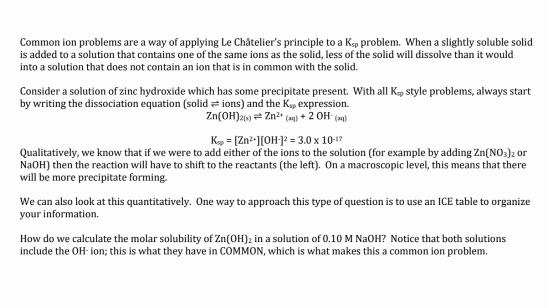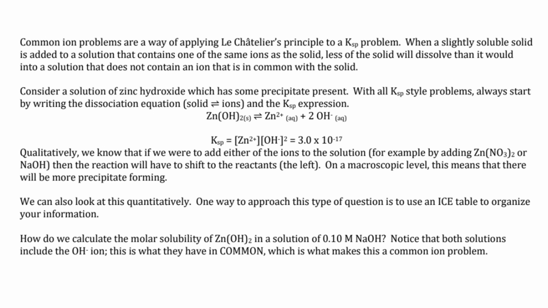So we have zinc hydroxide, which has some precipitate present. When you have a KSP type of problem, it's always best to start off by writing out your dissociation equation. You start off with a solid producing the ions, but you have the double-sided arrow and the KSP expression too.